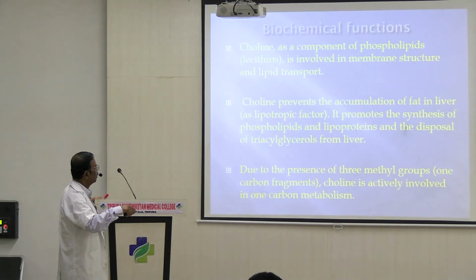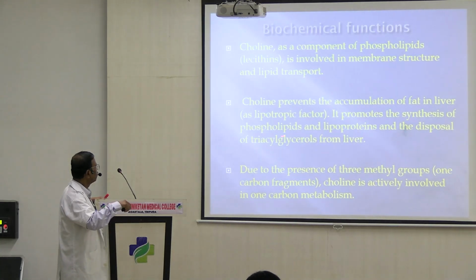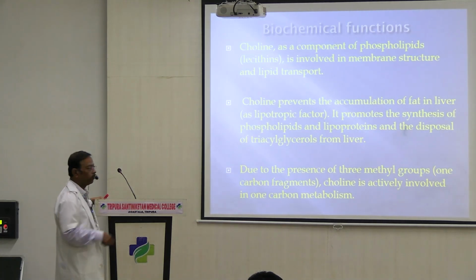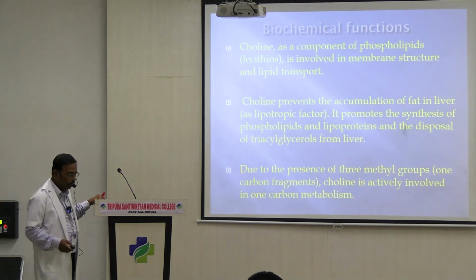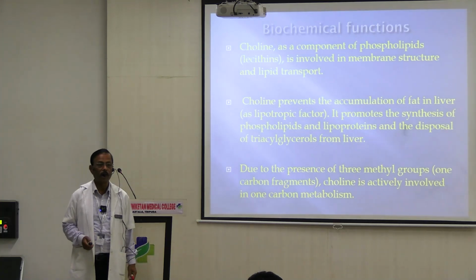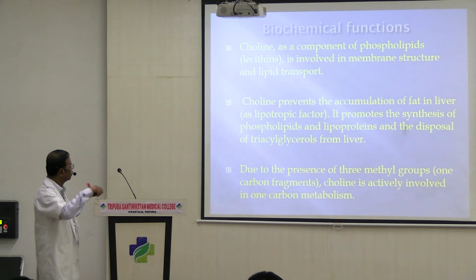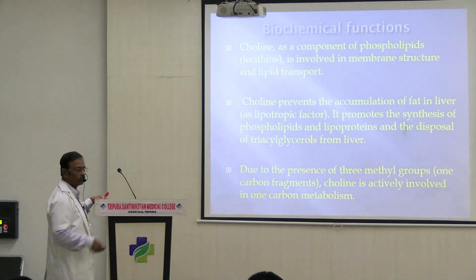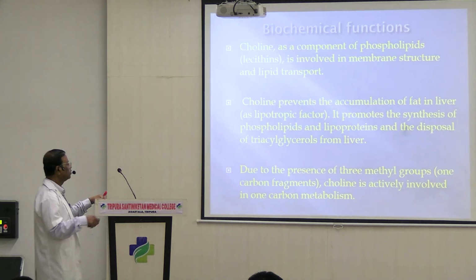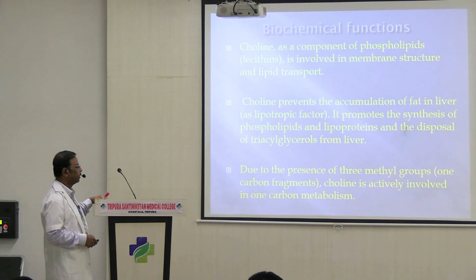Then it promotes synthesis of phospholipids and lipoproteins and the disposal of triacylglycerol from the liver. The oil you are taking is nothing but triacylglycerol. So it gets deposited in the liver, and choline will remove this triacylglycerol. Due to the presence of 3 methyl groups, 1 carbon fragment. Methyl group is a 1 carbon fragment.